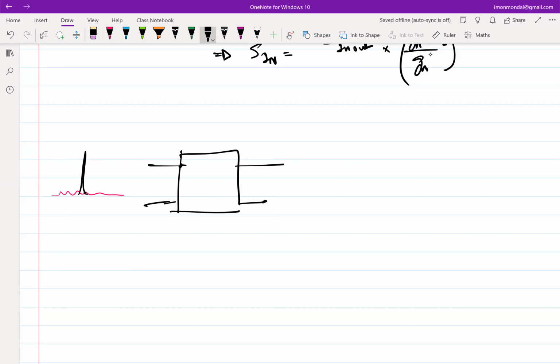Okay. If I have to ask you to find out the signal to noise ratio of the input, what are you going to do? What steps are you going to do? You want to find out the signal to noise ratio of the input.